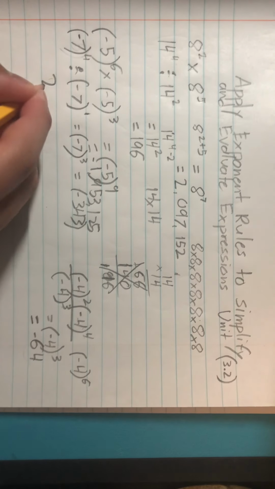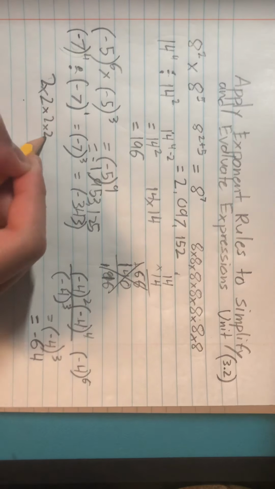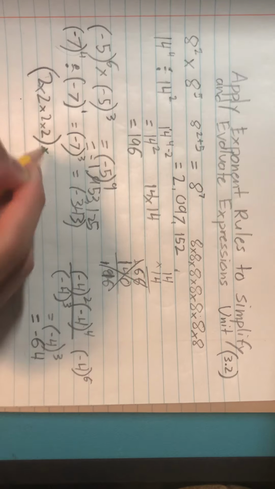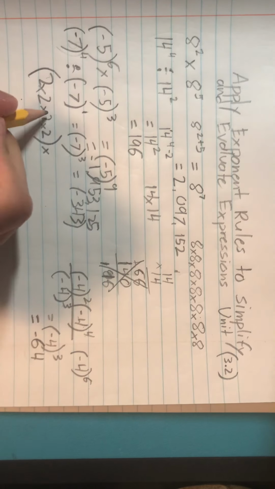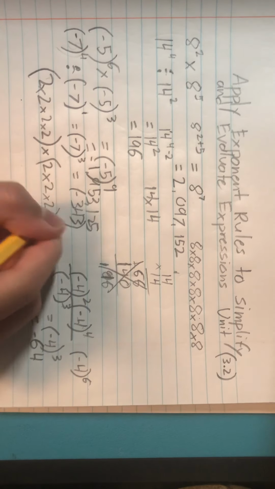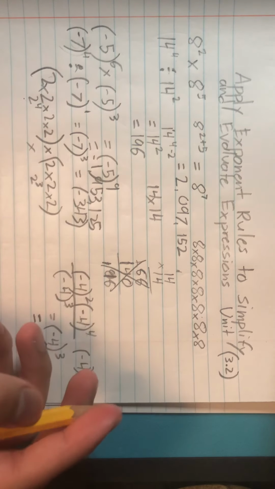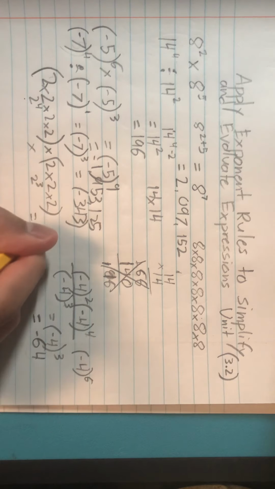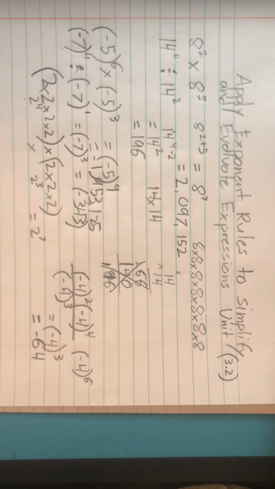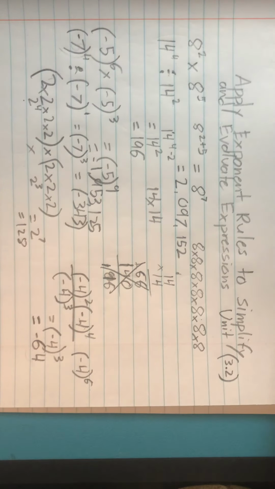So if we did 2 times 2 times 2 times 2, that would be basically 2 to the 4, and another 2 times 2 times 2, that'd be 2 to the 3, and then therefore if you'd simplify it, it would be 2 to the 7, and then the answer when we evaluate it would be 128. Yeah, that's it. Hope you understand.